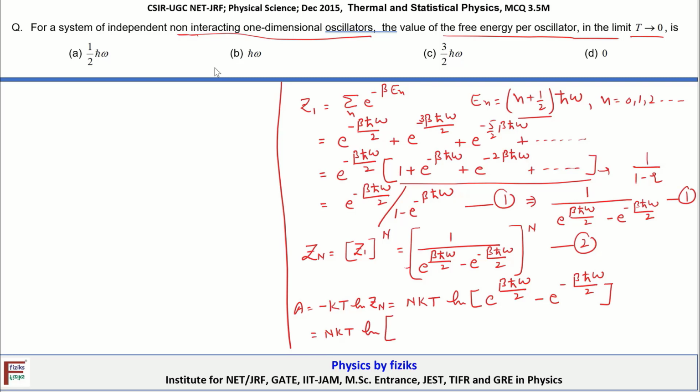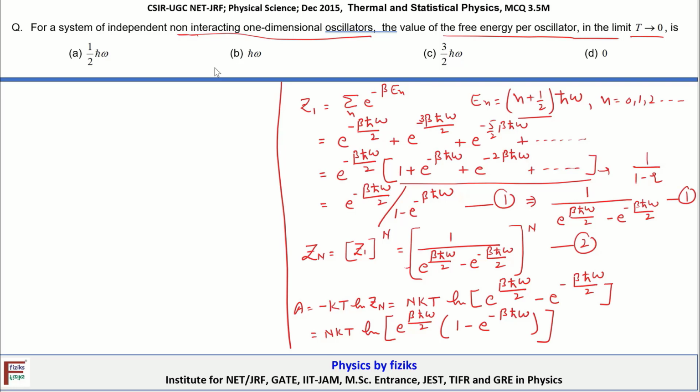I'm taking exponential beta h cut omega by 2 outside, exponential beta h cut omega by 2 multiplied by 1 minus exponential. Because I'm taking this outside, I need to multiply the second term in the denominator with e power beta h cut omega by 2 in the denominator, and when it goes to the numerator, there will be a negative sign with this exponent. So this will become exponential minus beta h cut omega.